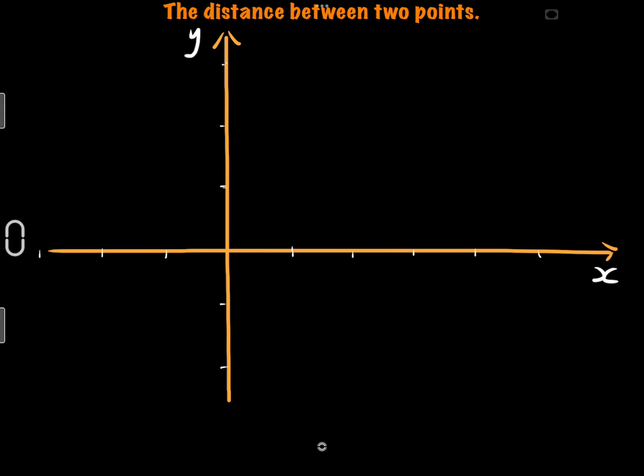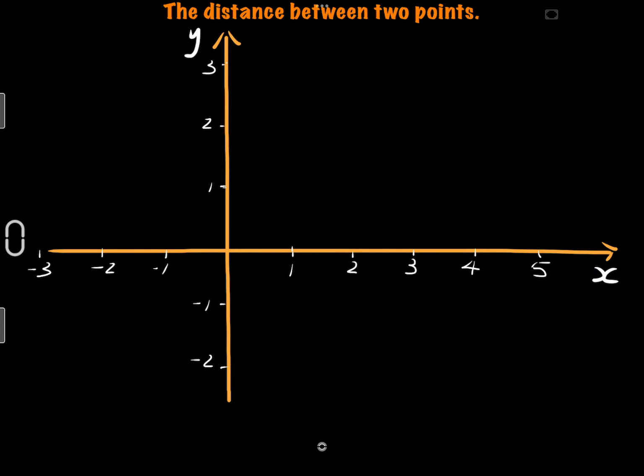So by indication of these values we have 1, 2, 3, 4, 5. We have negative 1 there, negative 2, negative 3, and so forth. Negative 1, negative 2, 1, 2, 3, and so forth.